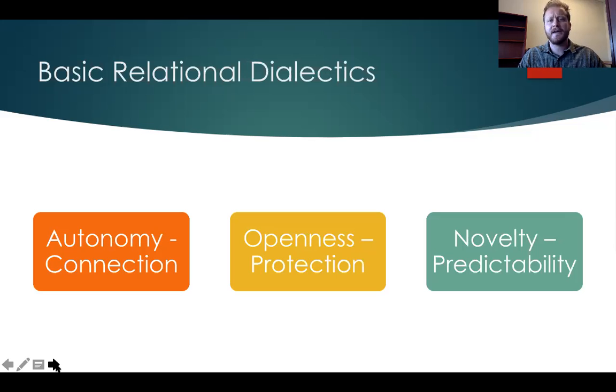We can also communicate novelty or predictability, in other words, the familiarity or unfamiliarity you want to expect in life. Oftentimes in relationships, we want them to be novel, unique, and we really value them for their uniqueness and specialness. But at the same time, we'd love for them to be predictable. We'd love to have some consistency, some perspectives to show that element of caring within a relationship.